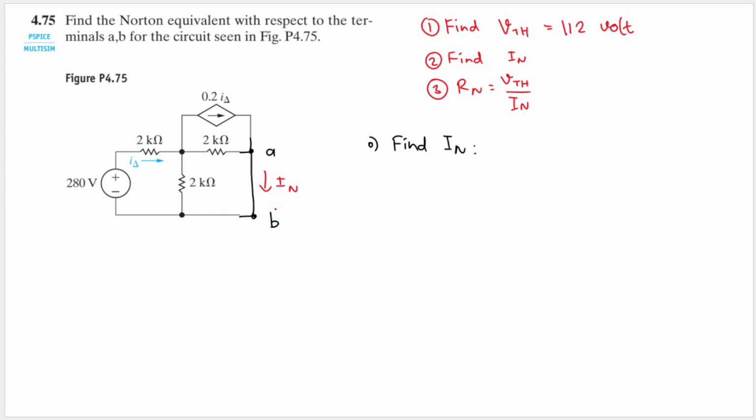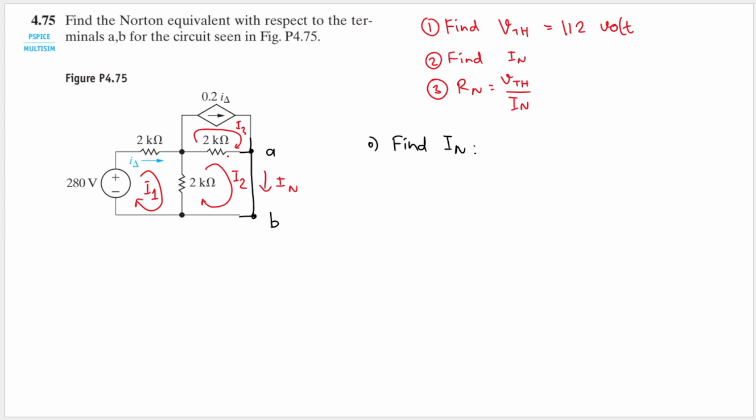I think the easiest way to do this is by using mesh analysis. Let's name this loop as I1, let's name this loop here as I2, and let's name this loop here as I3.